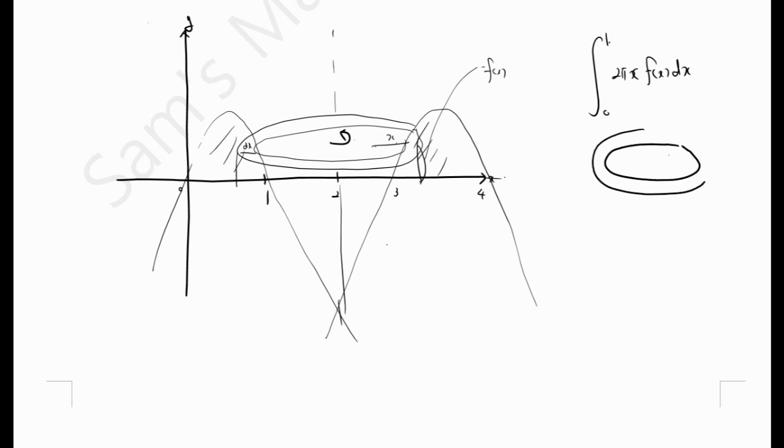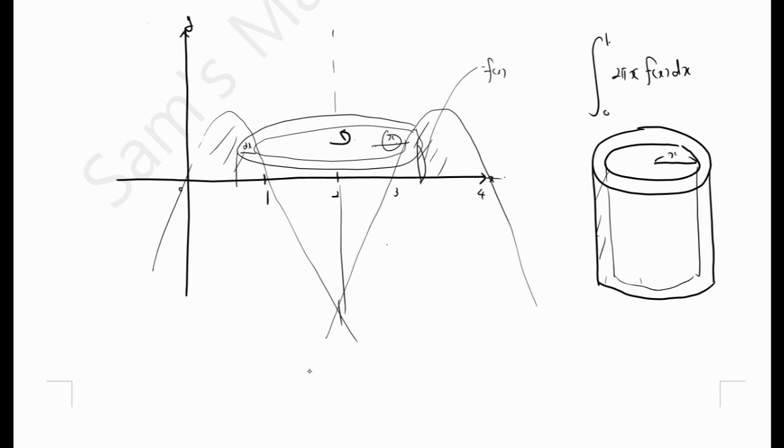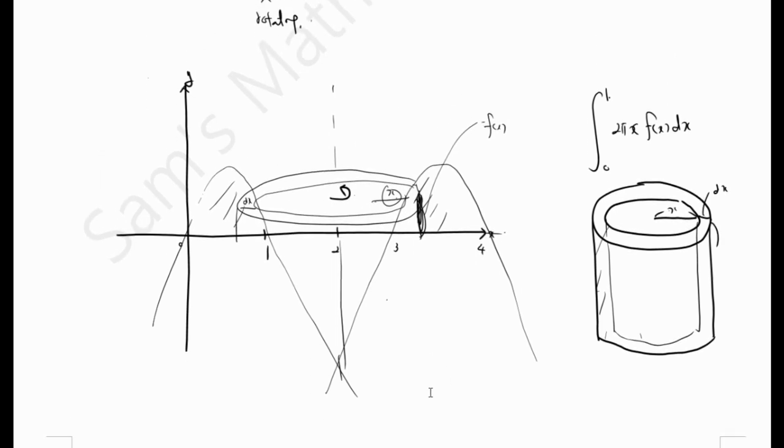This is a cylindrical shell, like this. This is x, this is dx, and this length is f of x, where y equals x minus x squared.